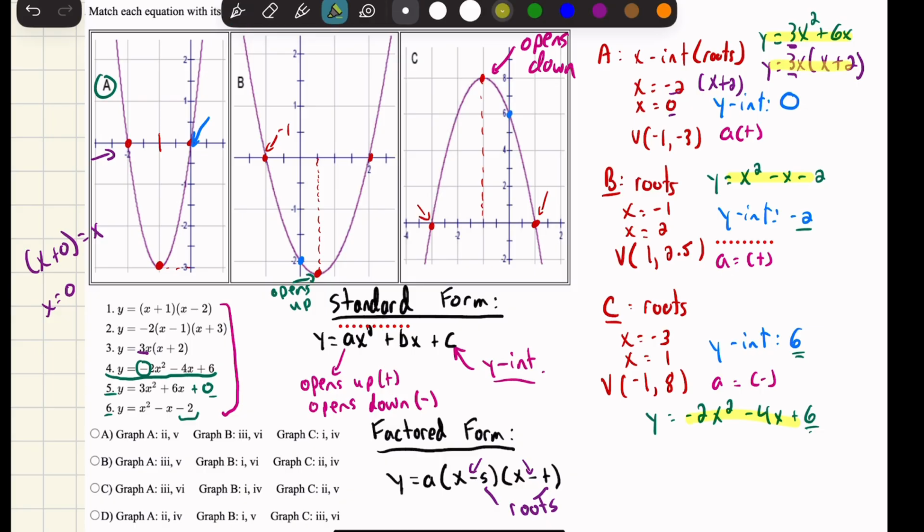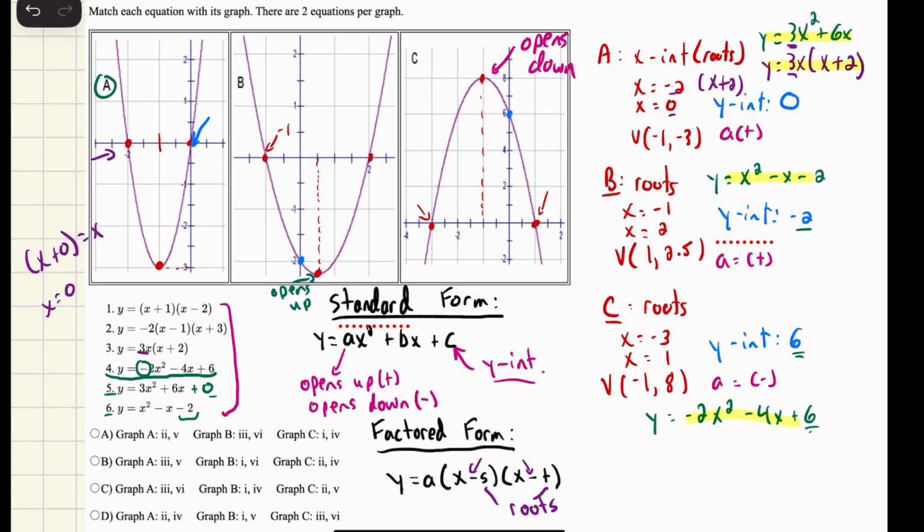that function here. Now for graph B, we see that the roots are -1 and 2, which means that it would be x plus 1 and then x minus 2 within brackets. And so when we look at the function, if we look at number 1, we can see that it's written as x plus 1 and x minus 2, and that the A value is 1 over here, and the A value was 1 in the standard form.